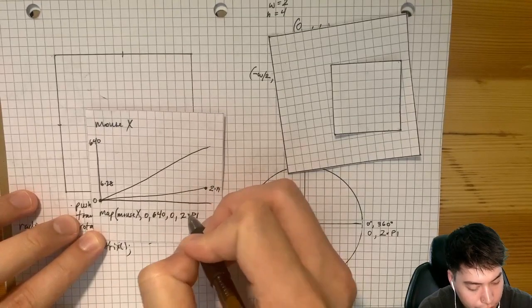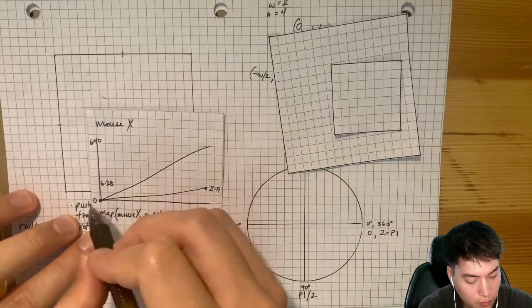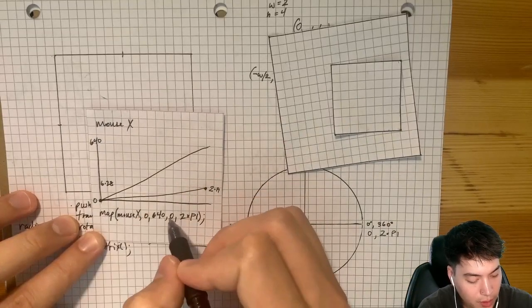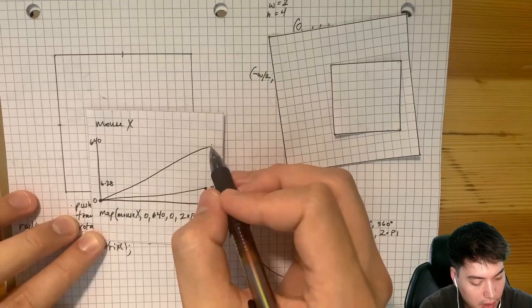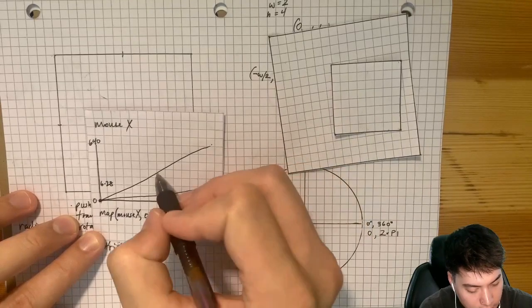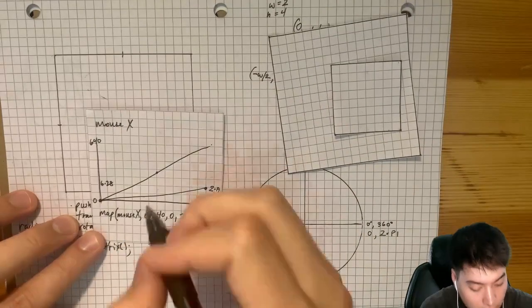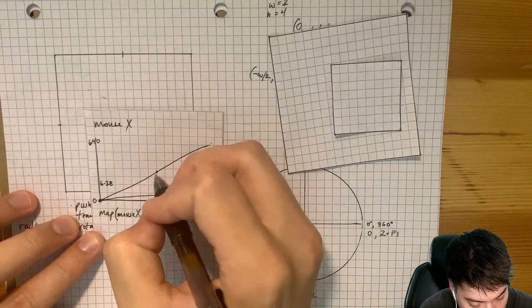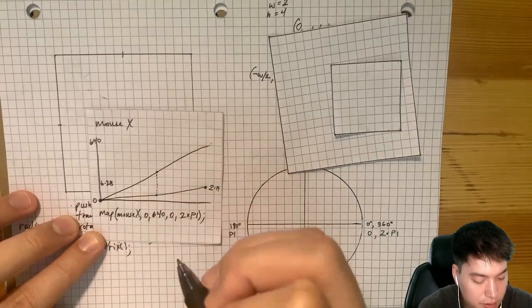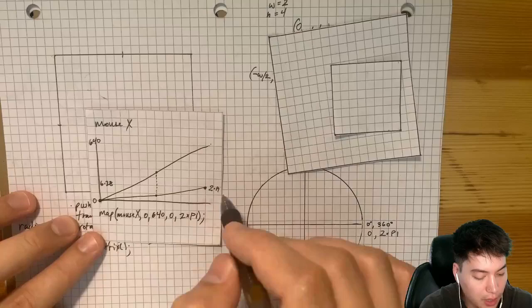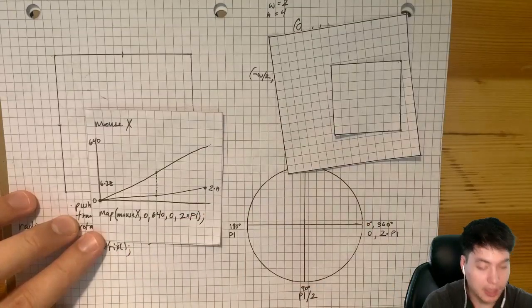When our mouse is at 0, this map function will spit out 0. When our mouse is at 640, it'll spit out 2 pi. When our mouse is right in the middle of the screen at 320, the map function is going to do the math for us and say, well, what's exactly halfway between 0 and 2 pi? Oh, well, it's pi. So I'll spit that out.